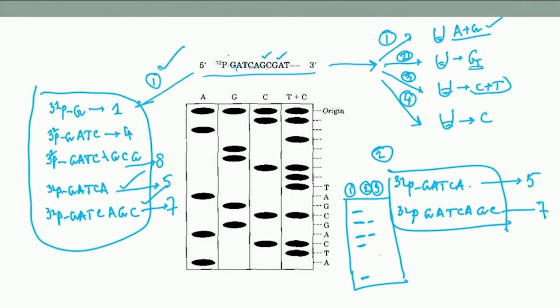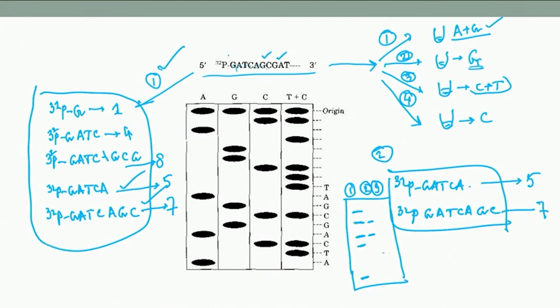So you will get a band above 4, because it is 3 bases, so that will move a little. So not here, sorry. This you will not get. This you will get in the third lane.